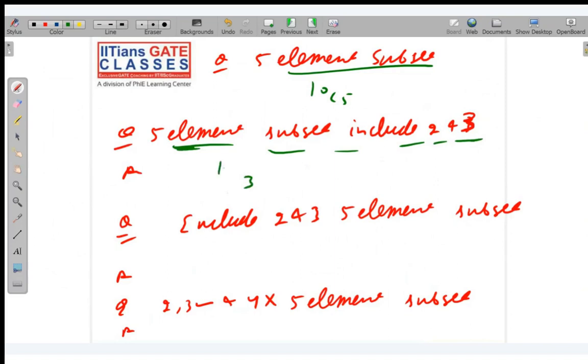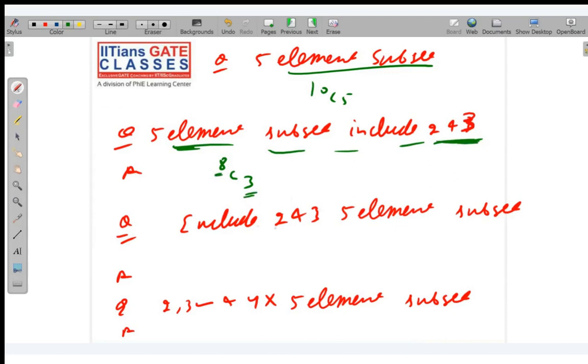From how many? 2 and 3 are included, so 2 and 3 are gone. So from 8 I will pick 3. 8C3 is the answer. Again, I'm repeating: 5 element subset including 2 and 3, so 3 we have to choose, but from only 8 elements because 2 and 3 are gone now.